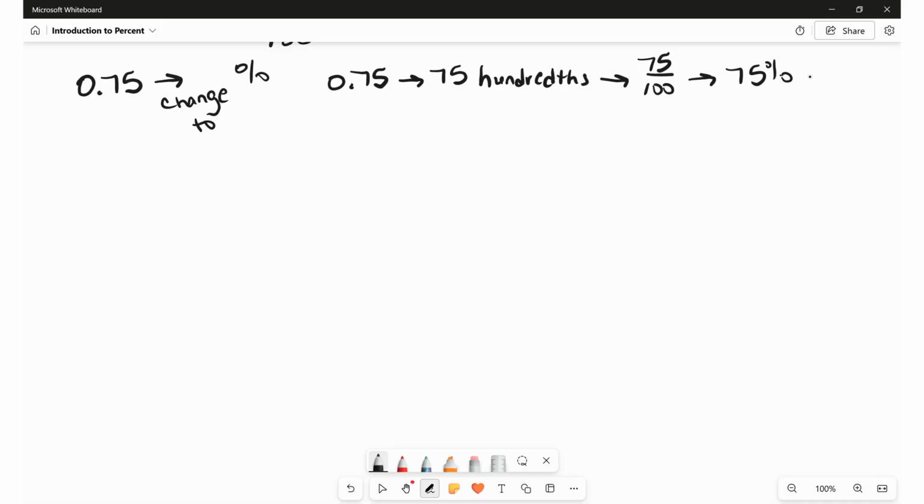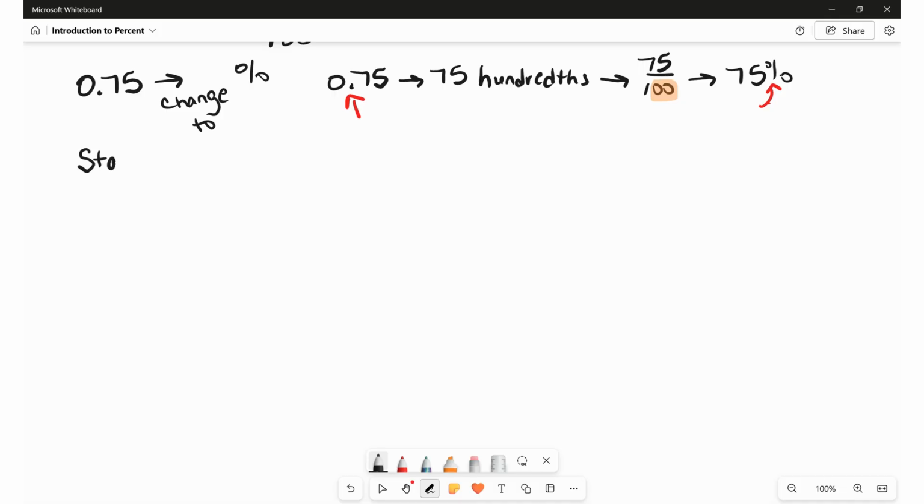The neat thing here is that if you notice, 100 has two zeros, which means that we are going to move the decimal two places. So here are the rules.